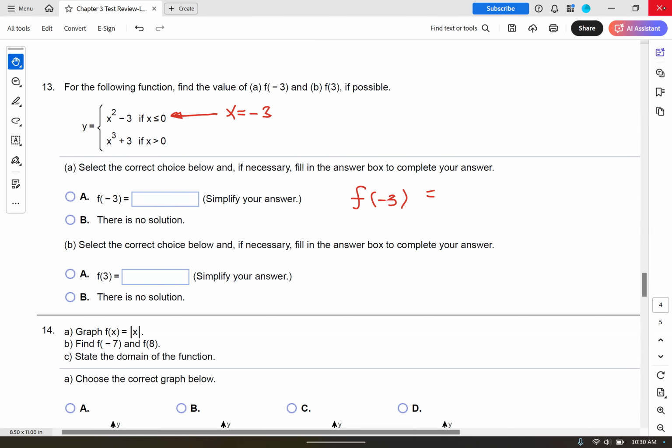Because x is a negative number, you got to use the top rule, the top equation to find the y value, because it's told you that that's the one you use if x is a negative number. So what do you get? Five? Is that right? 9 minus 3. Nope, 6.